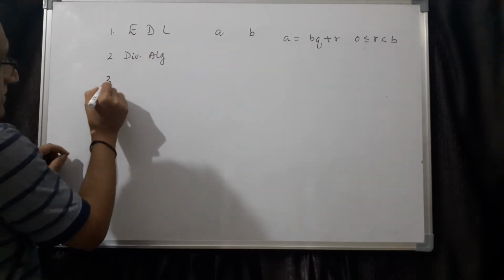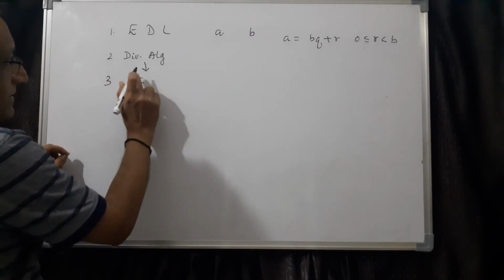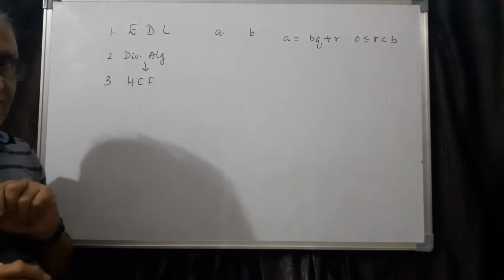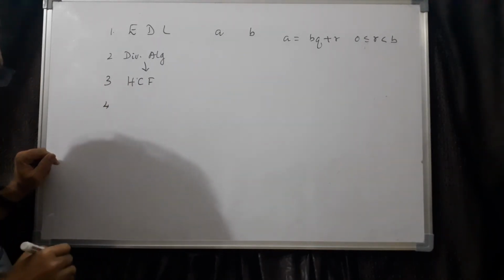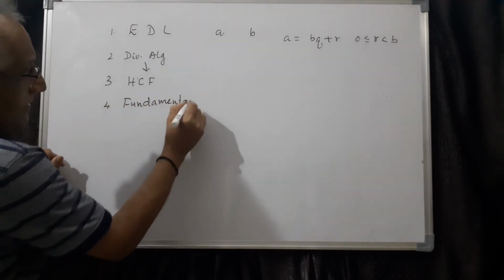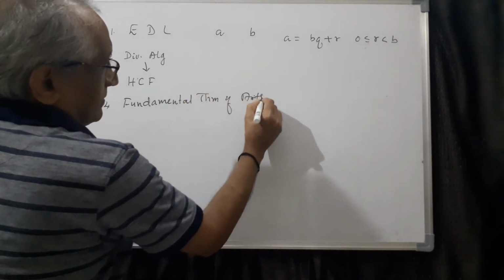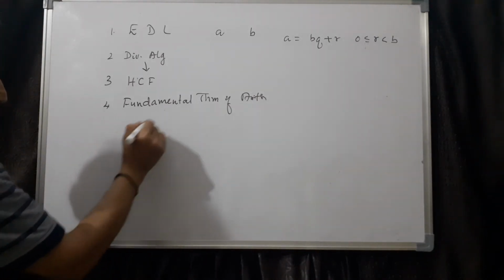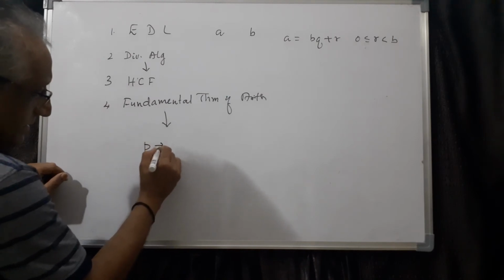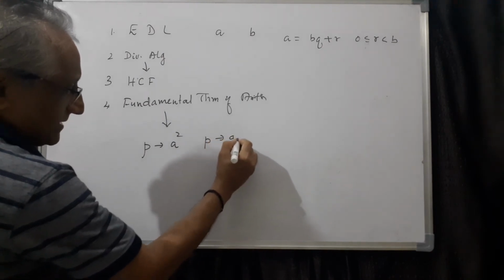Using this, third, we know how to find the HCF of two given numbers. And the fourth concept which we studied is the fundamental theorem of arithmetic. Then based on this, we have studied one theorem: whenever a prime number p divides a square, then p should also divide a.